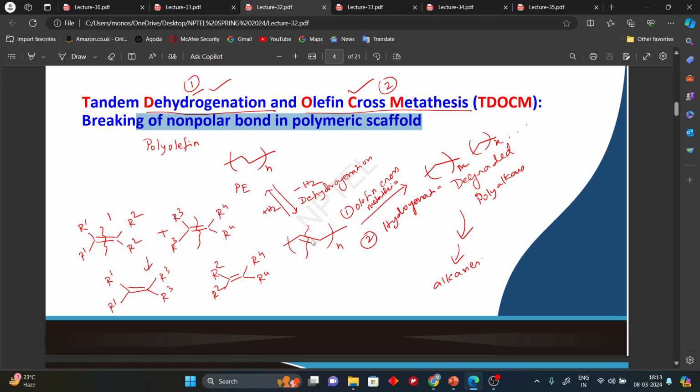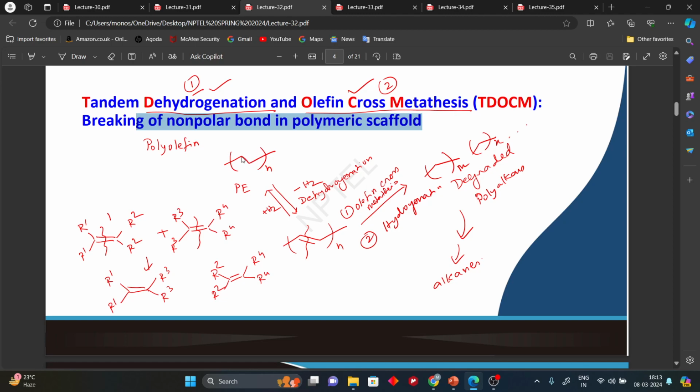If you have this kind of double bond, here we have unsaturation. Now with hydrogen mediated reduction, we can saturate the whole system and make it a completely saturated alkane system. And the reversible reaction is also possible if we can do the oxidation.